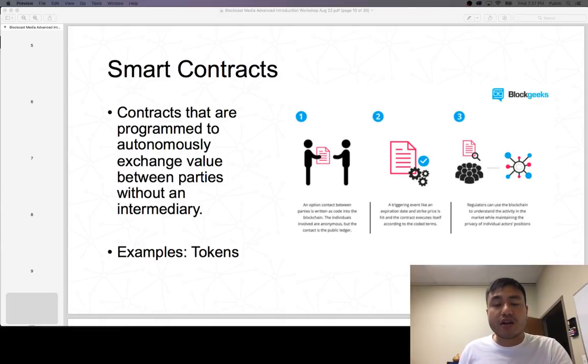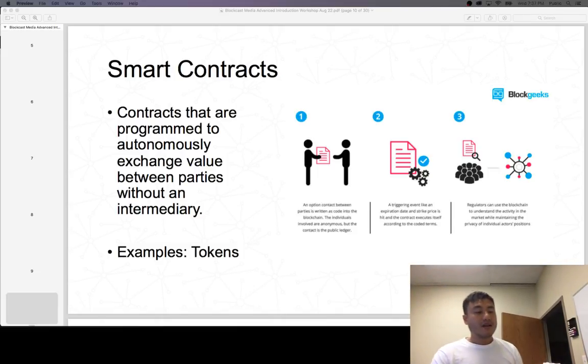Smart contracts are programmed to autonomously exchange value between parties without an intermediary. What that means in easy terms is it's basically a coded contract that says, simply, if these conditions are met, this thing should happen.